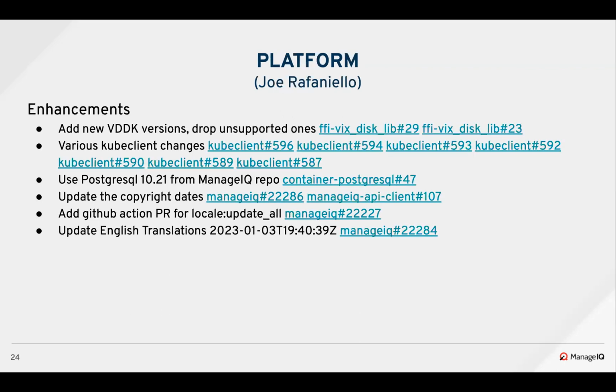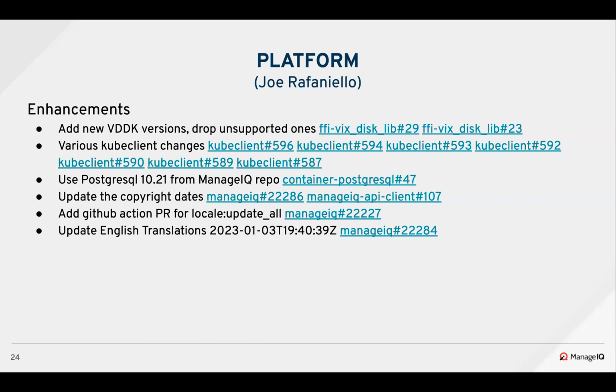Okay, as Adam just mentioned, Brandon updated the supported VDDK versions. Several contributors made improvements to kube client for continuous integration, the test suite, and a new release 4.11.0. Next, Brandon changed the EL8 container Postgres to use the Postgres 10.21 from the ManageIQ repository.